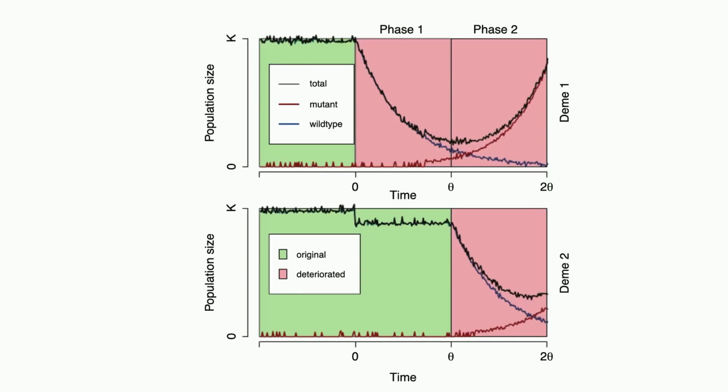So we model just the blue lines essentially here, just the resident population size, and the idea, I hope I understood you correctly, is that as soon as you have a number of rescue mutations that is so large that it would change the dynamics of the population, you already have rescue. If the mutants start to grow and would interfere with the population dynamics, then you already have rescue.